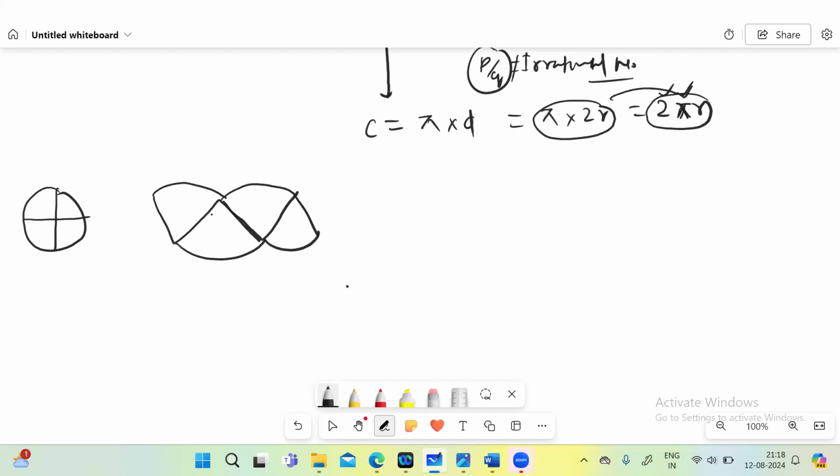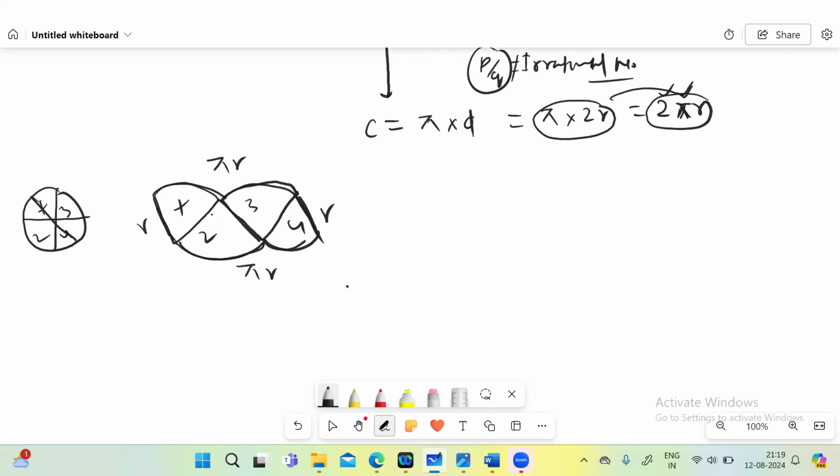I have not drawn it to scale, but you can visualize one, one, two, three, three, four, four. So what do you see here? These two will be half of the circumference, which is pi r. Here also these two will be half of the circumference, and these two lines are the radius.